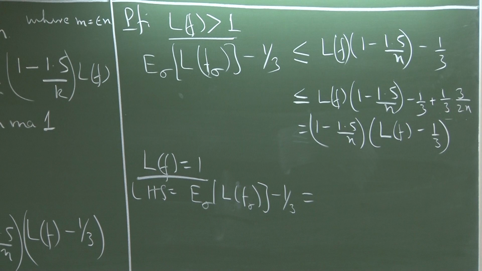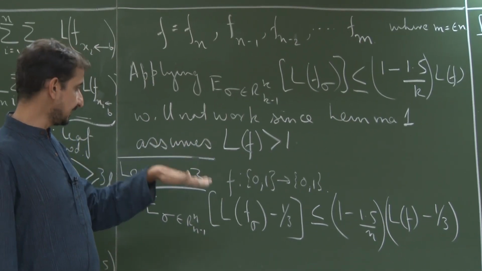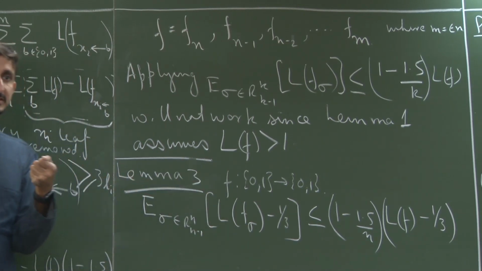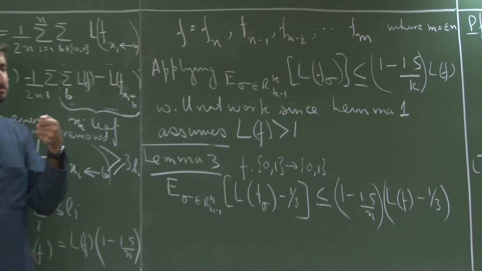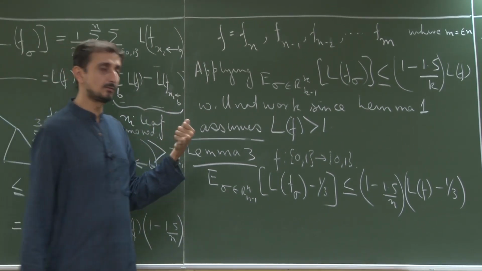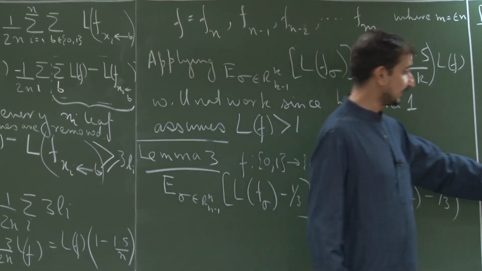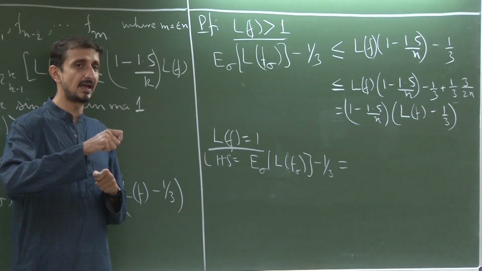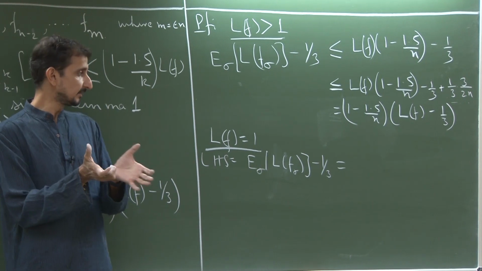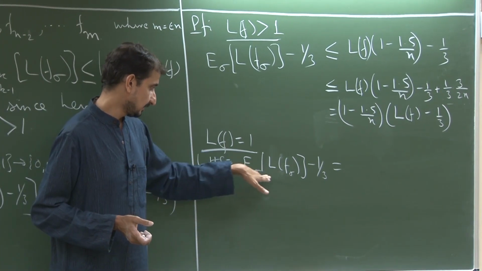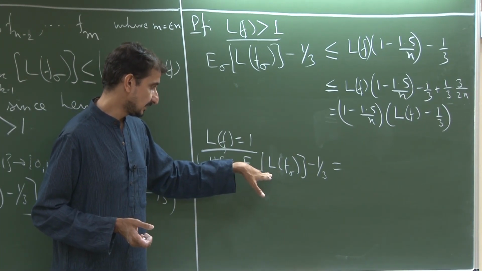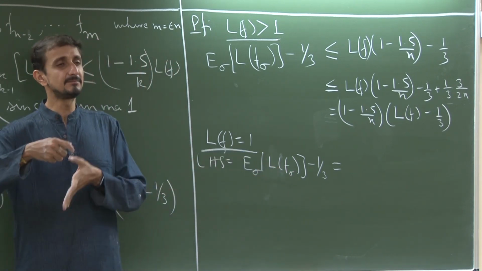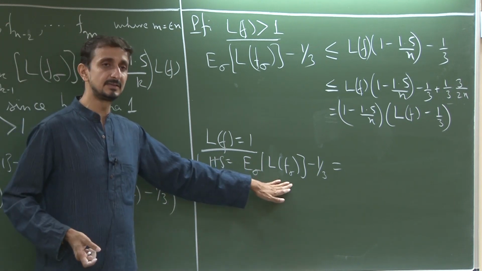What are we saying here? That L of f is 1, which means that I have a formula which has only one leaf, and that leaf is labeled by some variable. It can be any one of the variables. What does this mean? If I assign some value to that variable, only then the size of the formula decreases. If I assign a value to some other variable, the size of the formula remains the same.